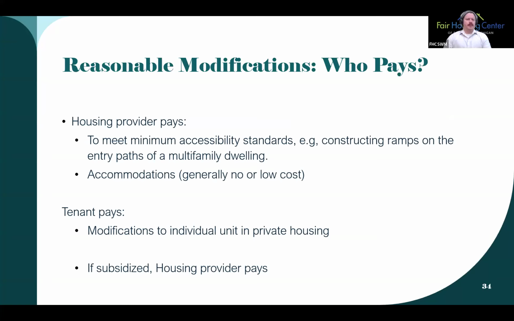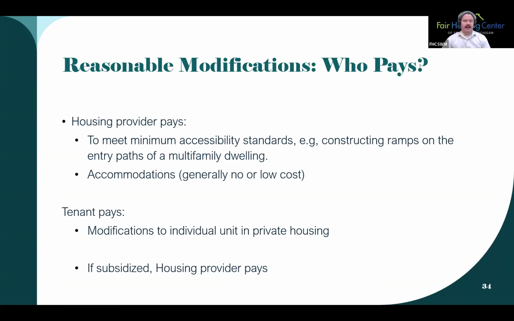It's usually quite inexpensive or even free to make a reasonable accommodation or an adjustment to the rules and regulations of a housing situation. But if you're going to install a ramp, for instance, that requires time, labor, and materials, and those all have costs, and those costs can add up. So where does the money come from?